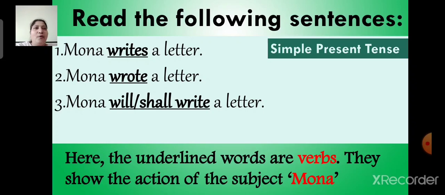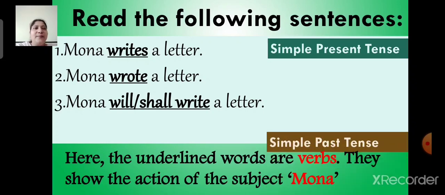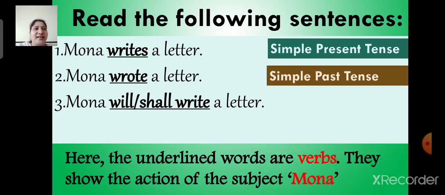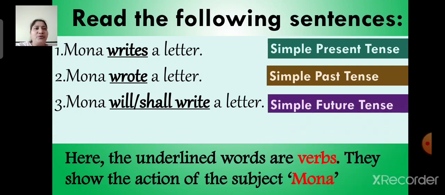Therefore, it is known as a simple past tense. The verb will or shall write shows that the action is yet to take place sometime later or in future. So, it is known as simple future tense.